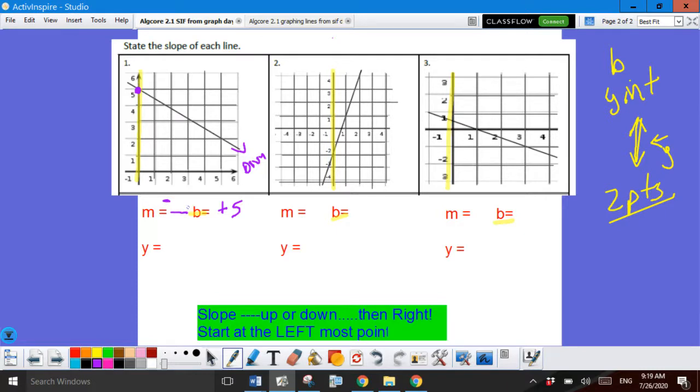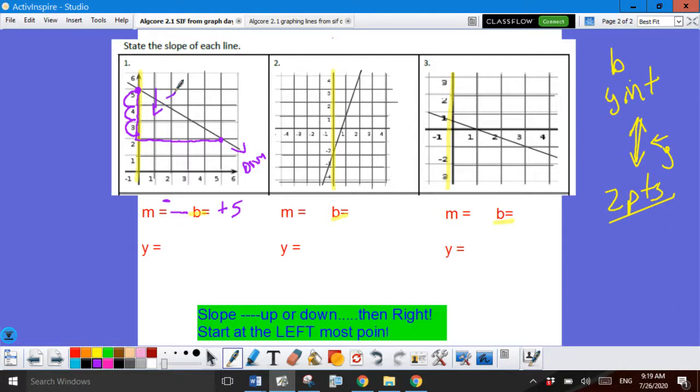And I remember slope has to be a fraction. So I'm going to follow this line and see if I can find an exact point. Notice that this one is not exact, it's in the middle. This one is not exact. That one is pretty close, but I think the best exact is right here. I'm going to make my slope triangle, and then I'm going to count. 1, 2, 3.